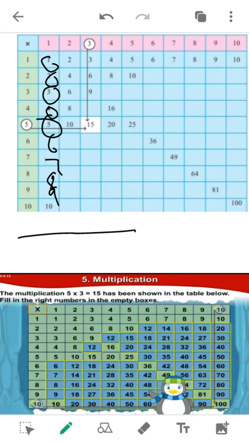Like this, I will make the 10 times table. Okay. So look at this picture.